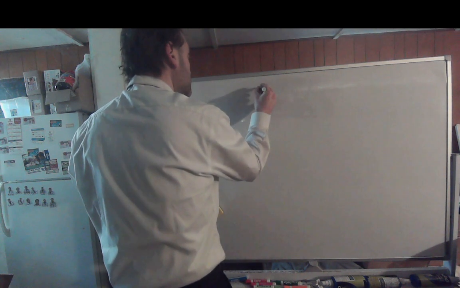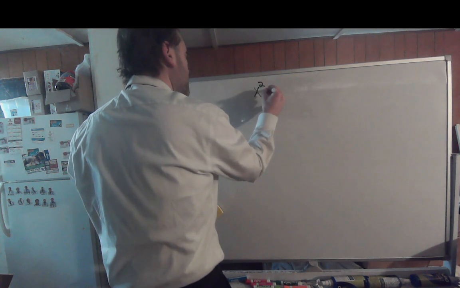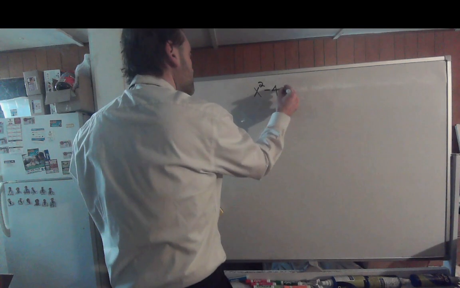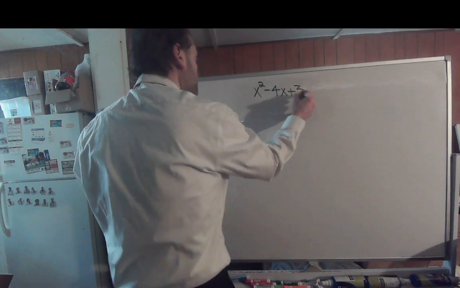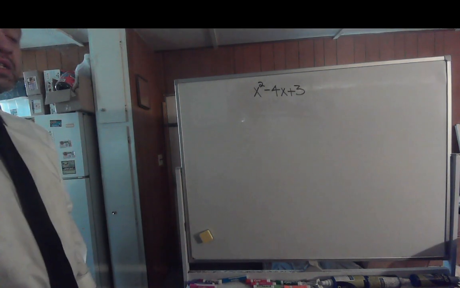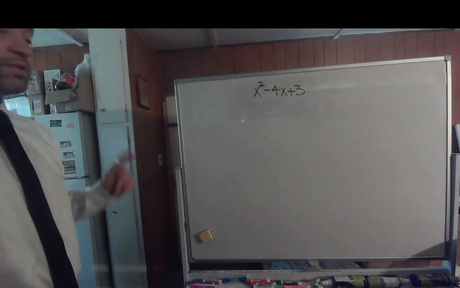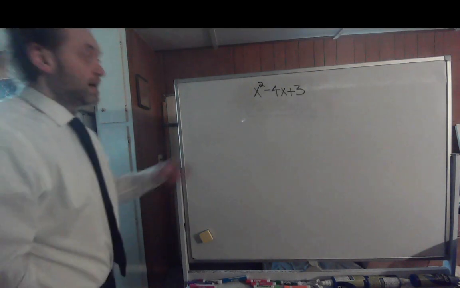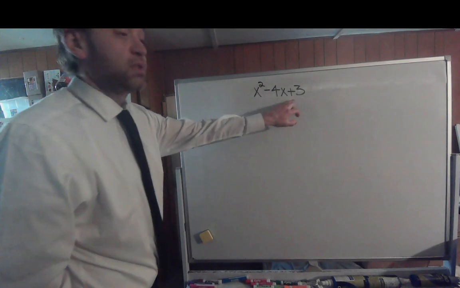Now we're going to shift just a little bit here. So we have x squared minus 4x plus 3. Okay. So up till now, everything's been positive. Now this is a little bit different here.